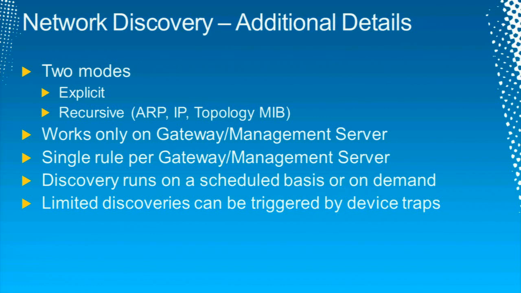Now, there's a neat new feature that is called limited discoveries, where it works today for Cisco. If you have a device and you add elements to the device or change things to the device, Cisco can actually send a trap to us, which will trigger a rediscovery, so we can actually find what's changed and apply monitoring logic to that as well.